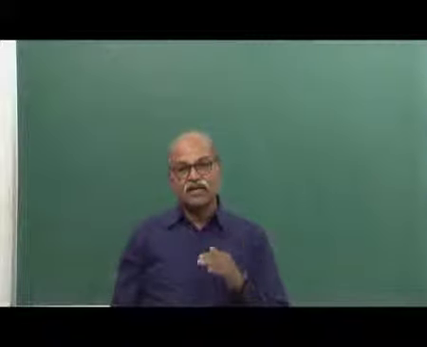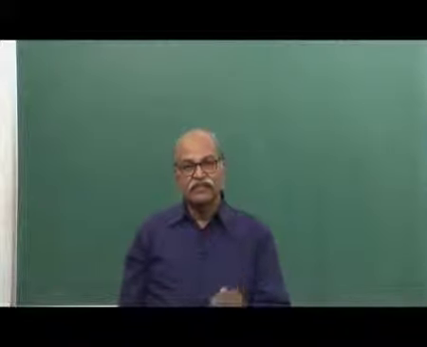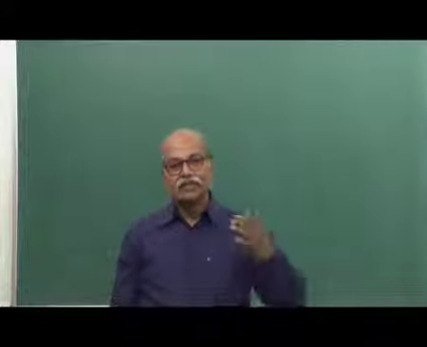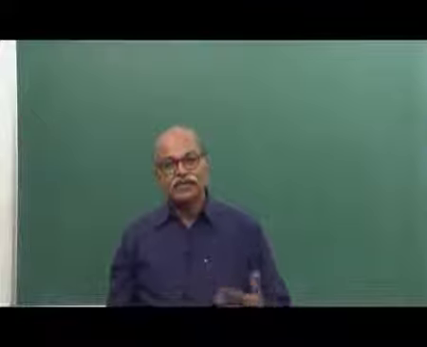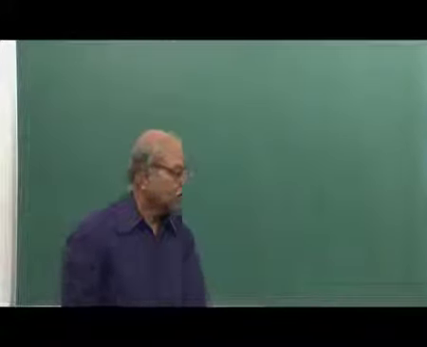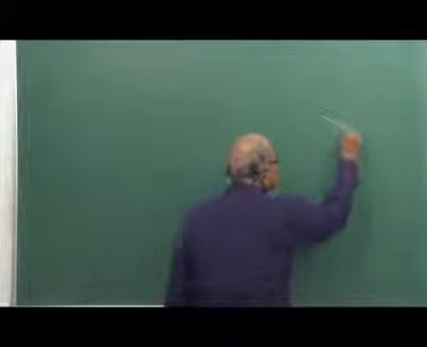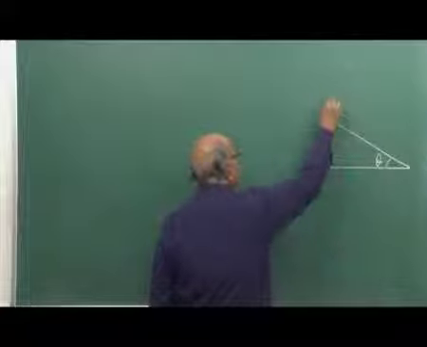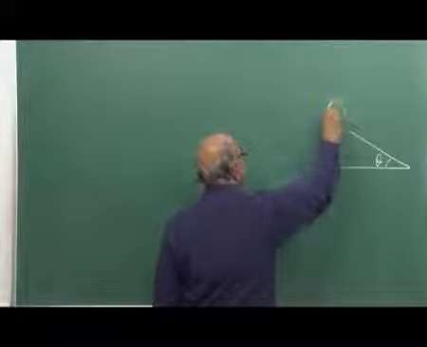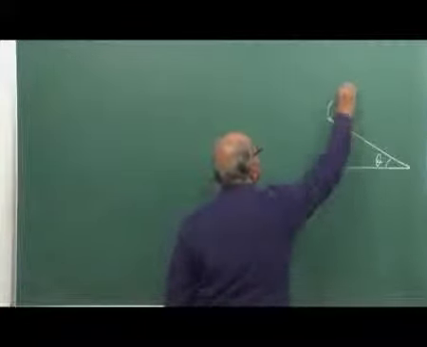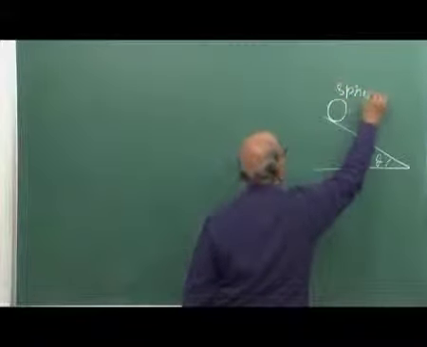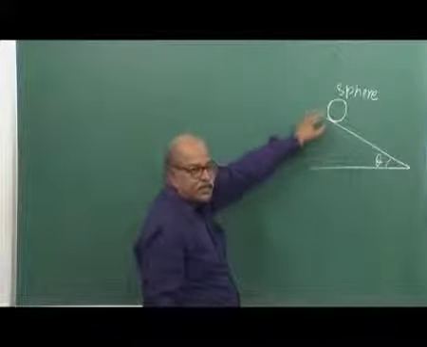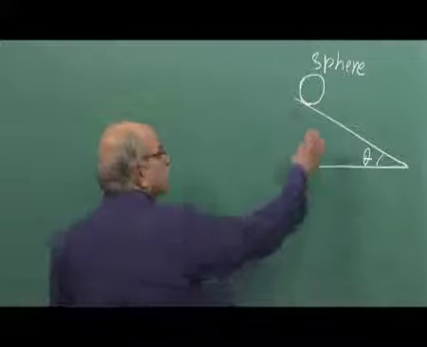You must have derived the expression of acceleration when a sphere or a cylinder or a disc rolls on an inclined plane. So if you have this inclined plane, some inclination theta, and suppose you have a sphere out here, then if the friction coefficient is sufficient, it can come down with pure rolling.